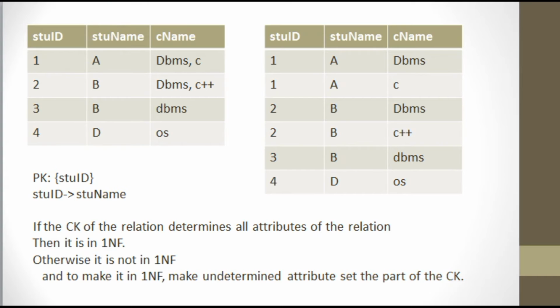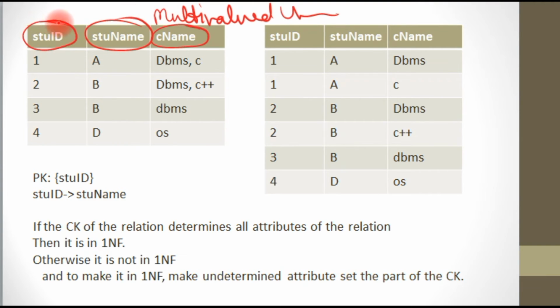See another example. In this example we have course name as a multi-valued attribute. So a student name with some student ID may be enrolled in more than one course.